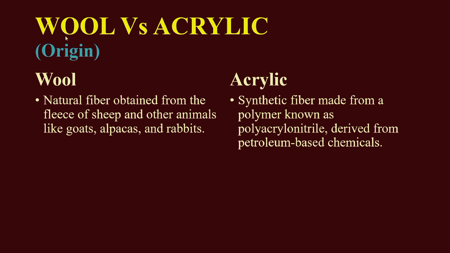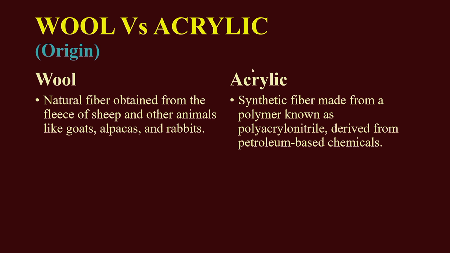First, we will discuss the origin of both fibers. As we have already discussed, wool is a natural fiber obtained from the fleece of sheep and other animals like goat, alpaca, and rabbits.